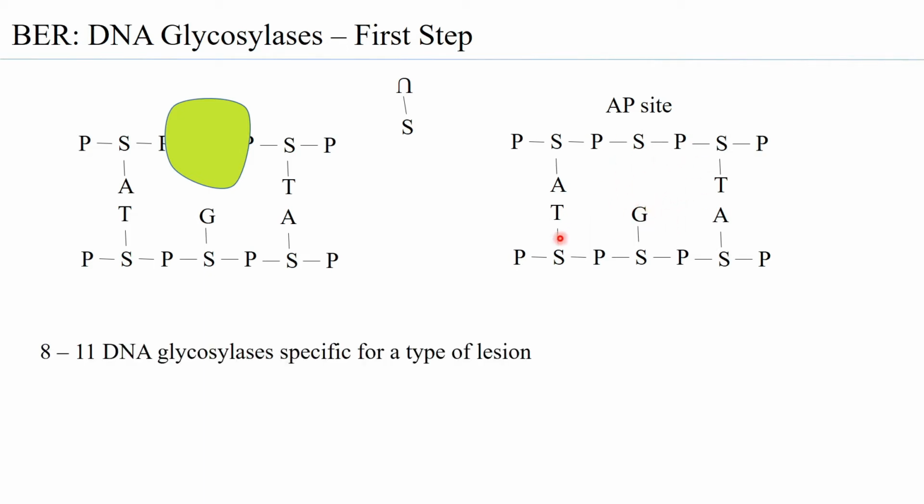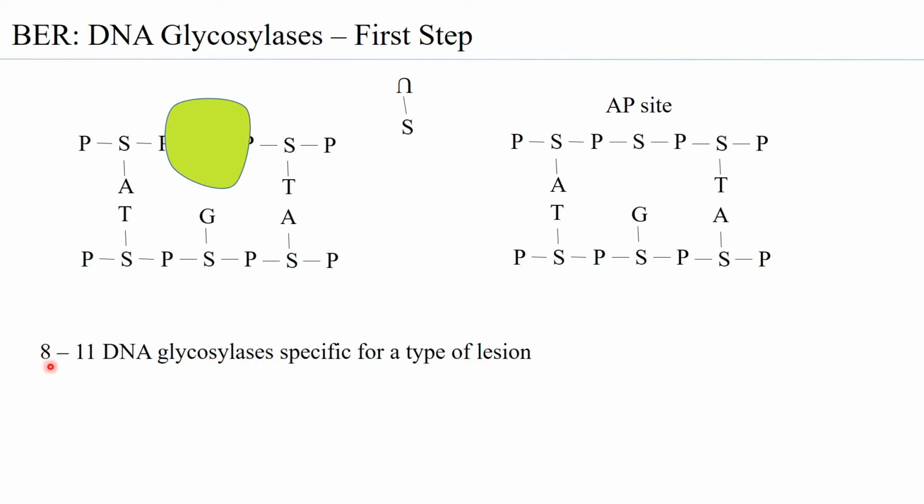So effectively what we are understanding is that the DNA glycosylases screen the DNA for abnormal nucleotides. These nucleotides could have been formed because of oxidation, alkylation, or deamination. It could be anything, but they are able to screen them out. So there are specific DNA glycosylases for specific types of lesions.